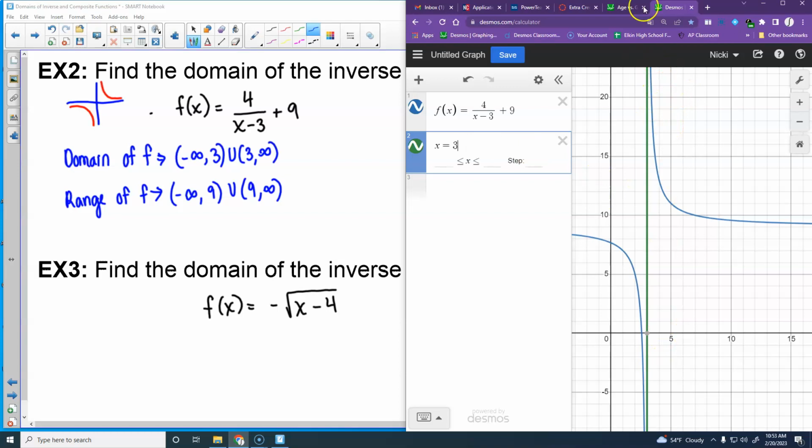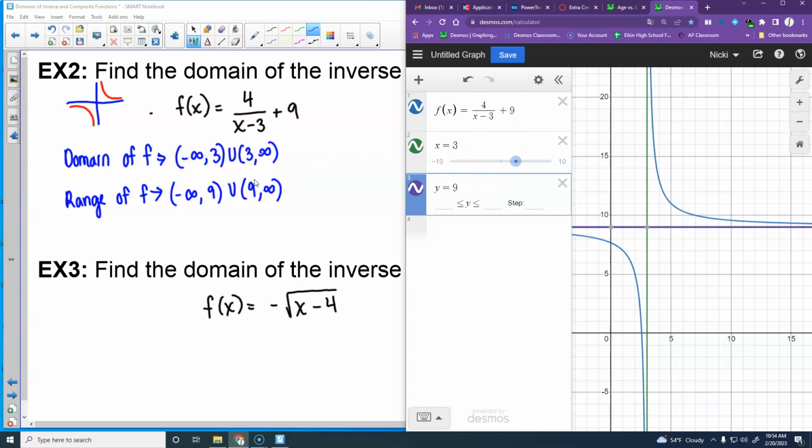Oh, that is my vertical asymptote. That's beautiful. I could type in y equals 9. There's my horizontal asymptote. That looks beautiful. So that verifies. I think I give you the graph of the original function on these. Not one you can interact with, but at least one you can look at. So we cannot have 3 or 9 as our values.